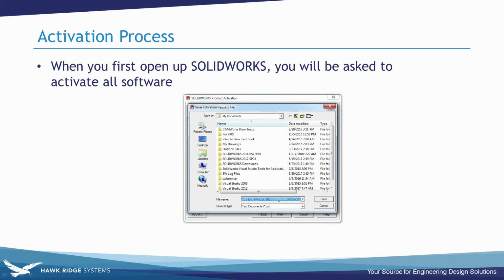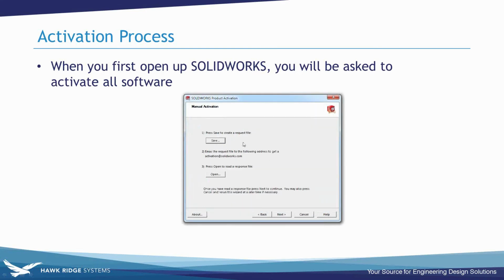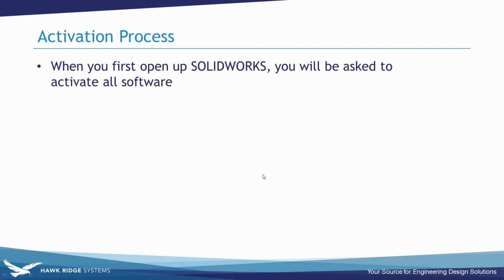This name is specific to your license and your system, so editing it will cause delays in receiving that text file back from SolidWorks. So just keep that in mind. We'll just cancel this here.